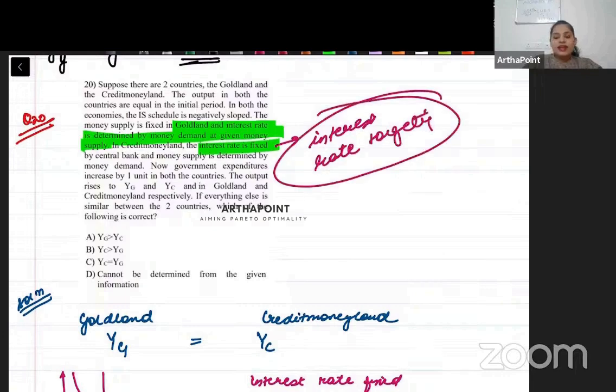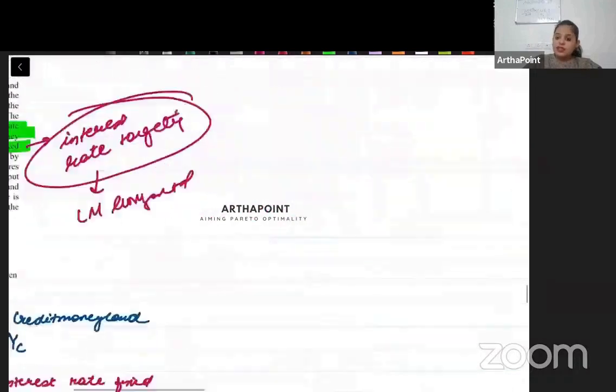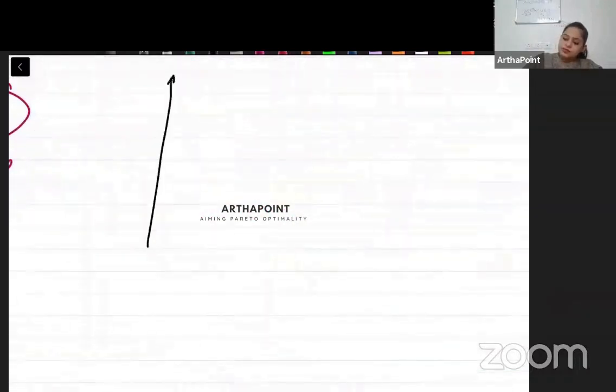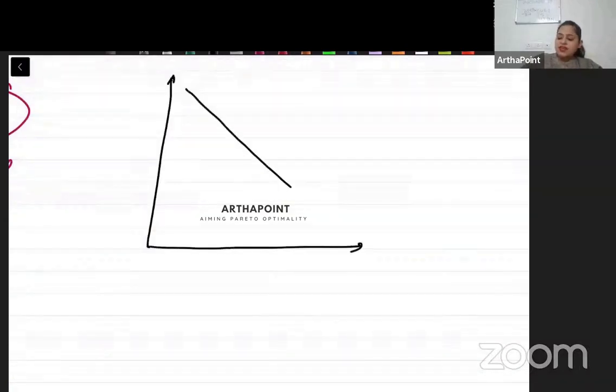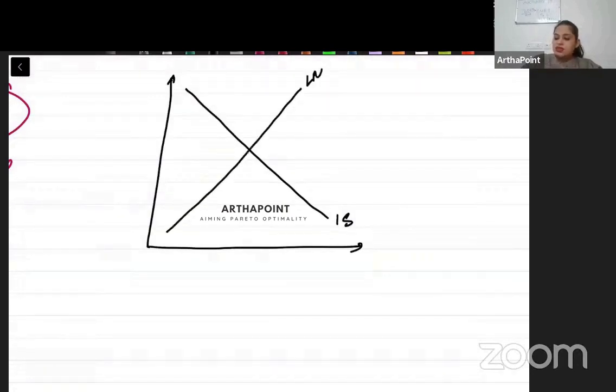And I told you that in interest rate targeting, your LM is horizontal. So actually what they have done is, they have said in both countries, IS curve is the same. In the first country, LM is upward sloping.